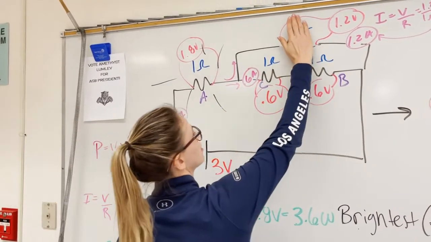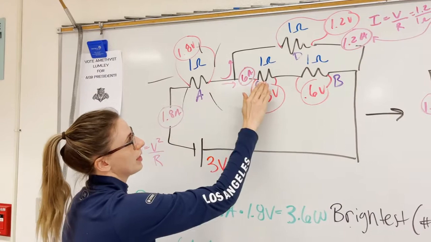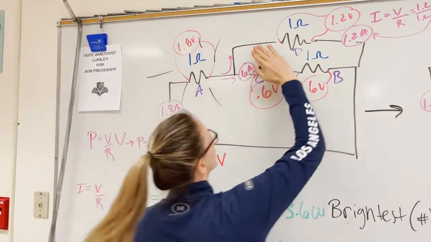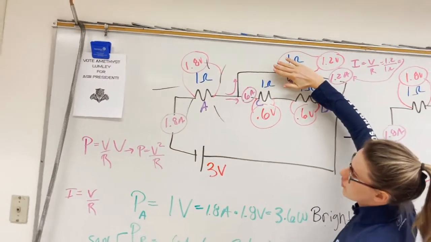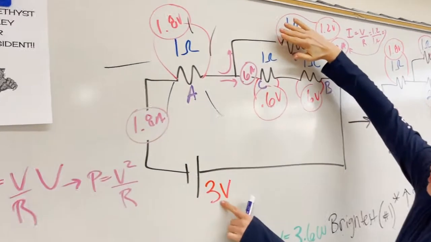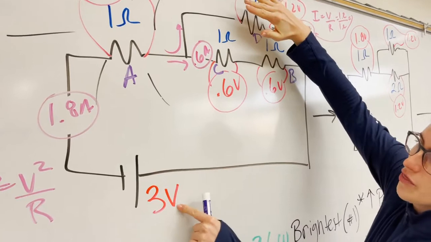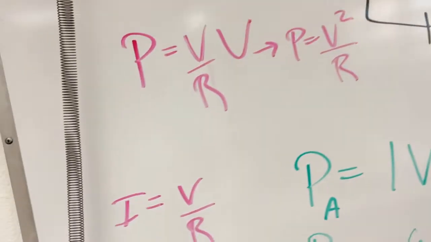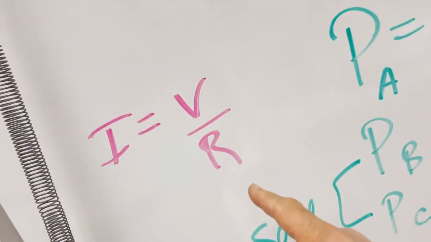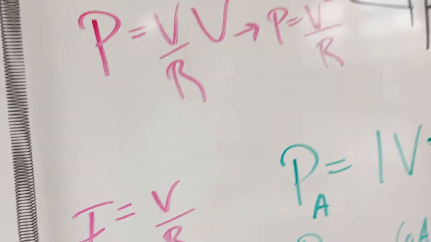If we're ignoring this one, we have 1 amp. We looked at the voltage over the resistance. The voltage is 3 volts, and in a series circuit you've got a total of 3 ohms. 3 volts divided by 3 ohms gives you 1 ampere.